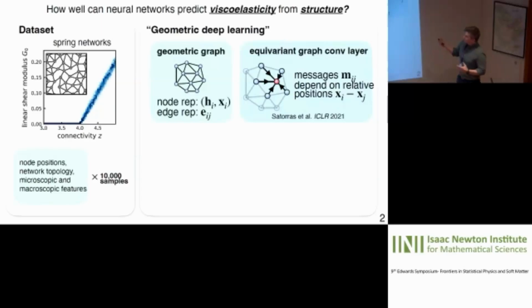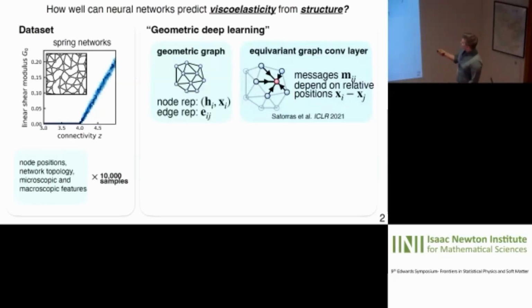So we essentially want our neural network to respect some symmetries. So if I'm predicting, for example, a vector quantity, I want the prediction that I get to rotate with my sample. Or if I'm predicting the properties of a molecule, I don't want that prediction to depend on the position of the molecule or its orientation.